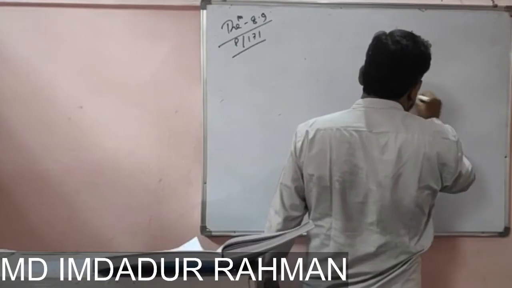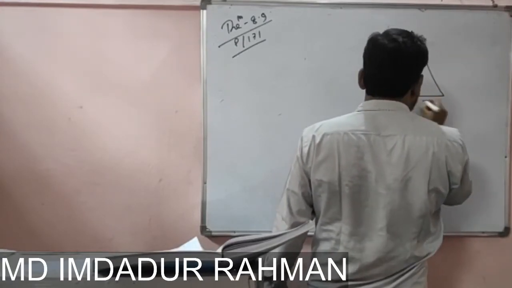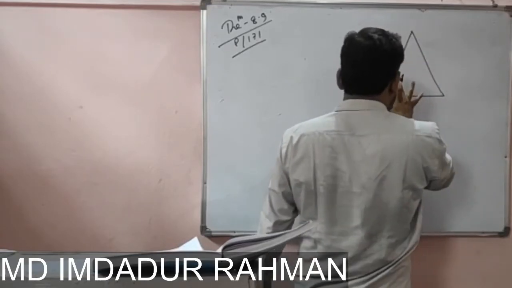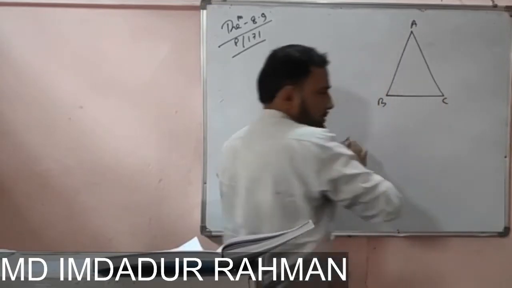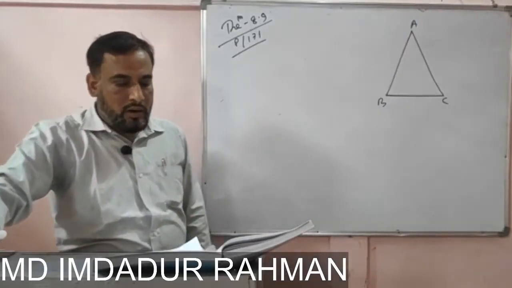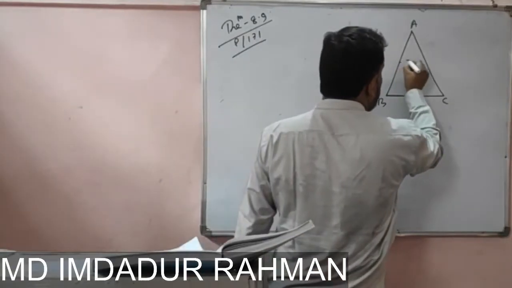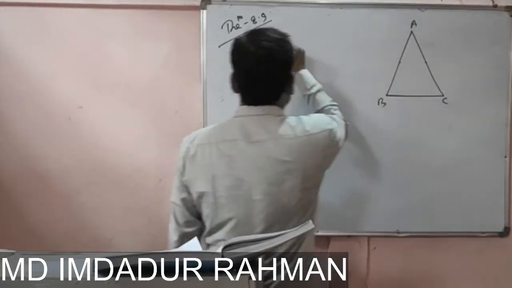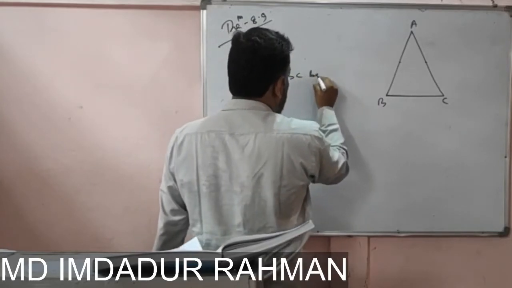The line segment joining the midpoints of two sides of a triangle is parallel to the third side. So we have to consider a triangle and name it ABC. Let ABC be a triangle.